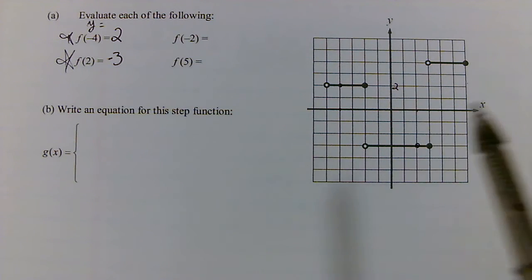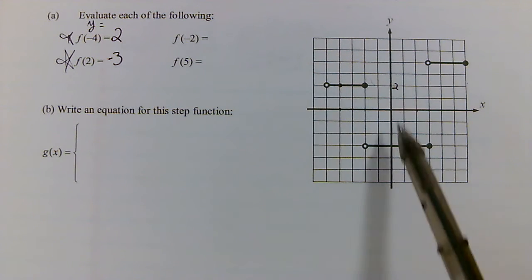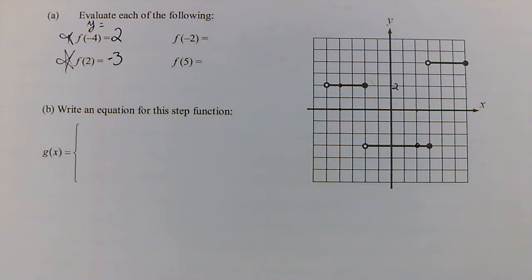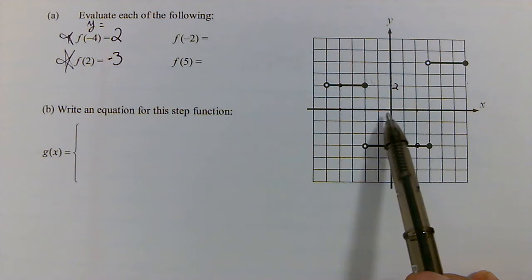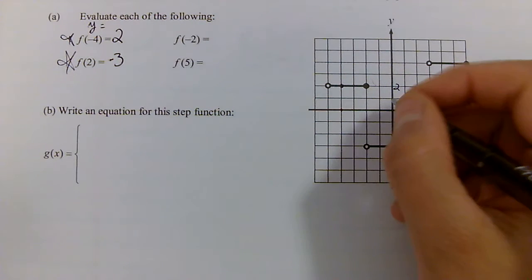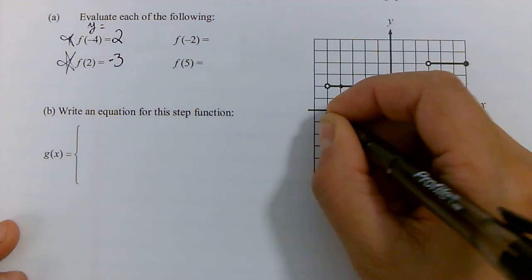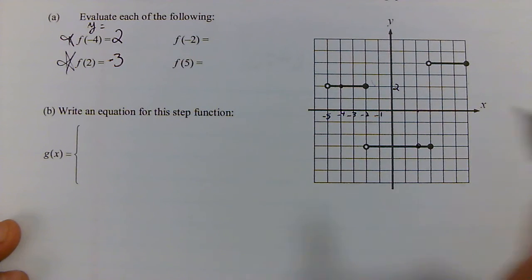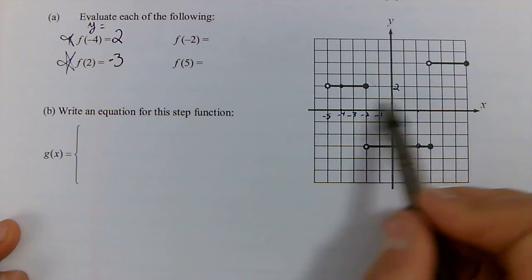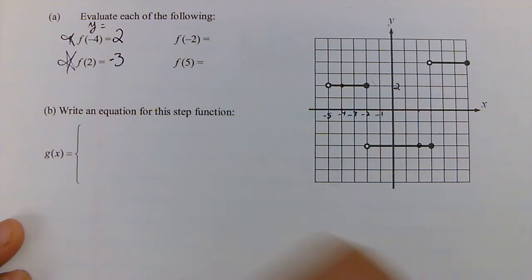So I'm going to do this first one here, and then I'm going to have you try the other two on your own. It looks like it goes down as far as, this is -1, -2, -3, -4, all the way down to -5, and anything in this range looks like it's equaling +2.